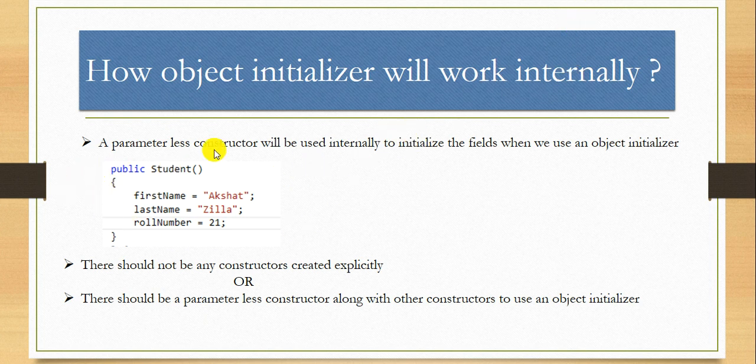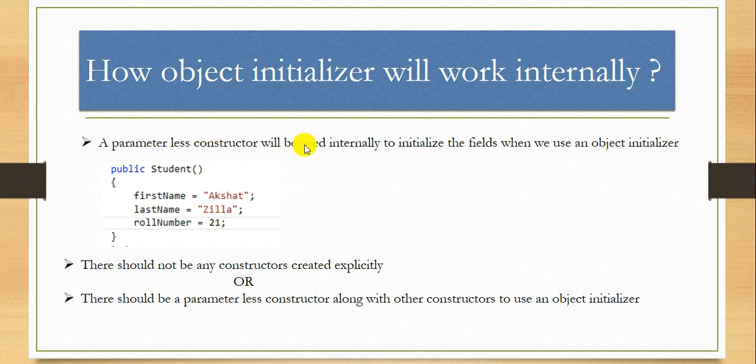So if you have initialized only 2 fields in the object initializer, then the compiler will only initialize those 2 fields. For example, I've initialized only my first name and last name in the object initializer. Then the compiler will create the default constructor and initialize those values inside that constructor.